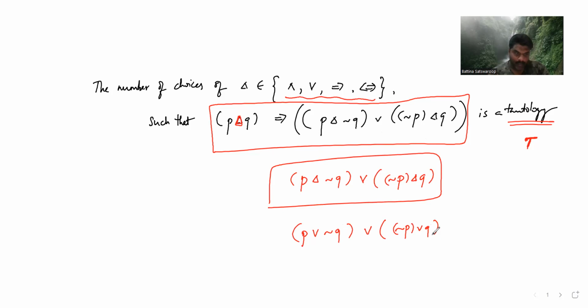And the symbol over here, it can also come. Not double implies, sir. What is it? Implies, sorry. Instead of delta, you can have implies also. In that scenario, you will get a tautology.